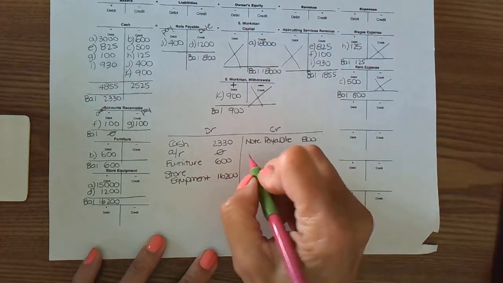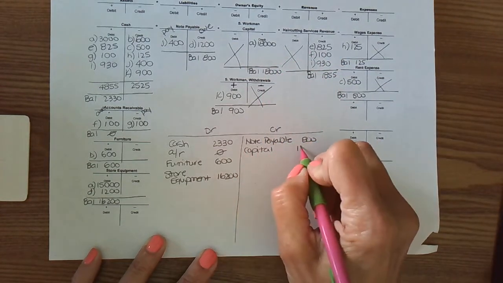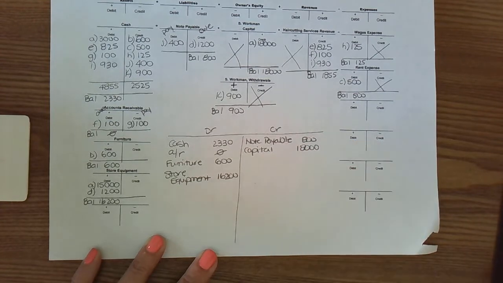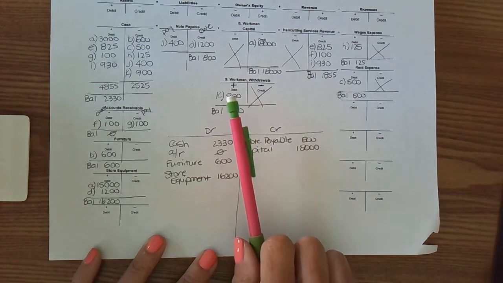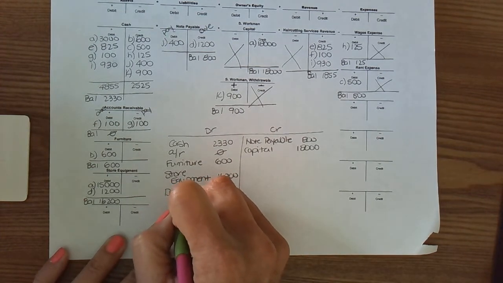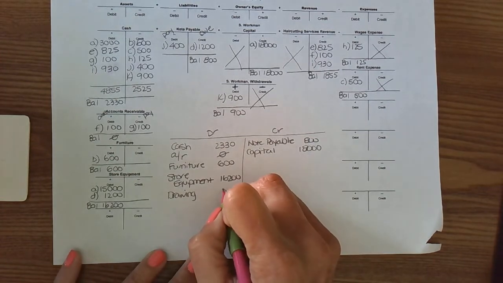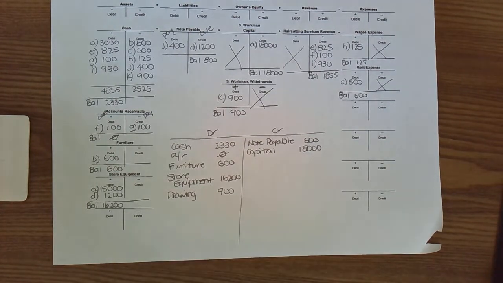Capital is next, so I'm going to list capital as a credit and $18,000. Drawing, that's a debit, so we're going to go back over and put drawing. Drawing and withdrawals is interchangeable, so you can call it either one, and that's a $900 debit.